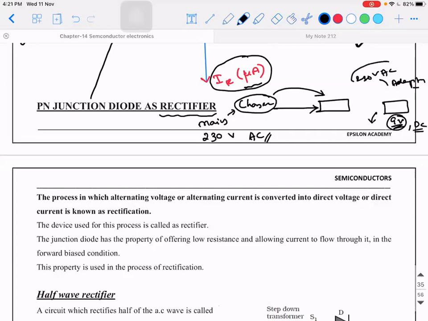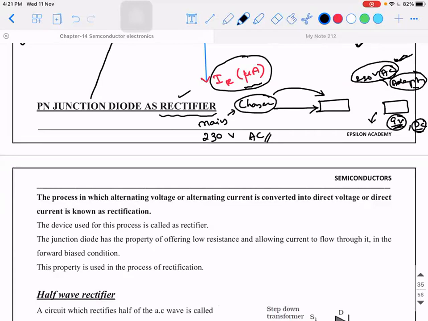But we have 230-volt AC. So what should be present inside this adapter for first converting this 230-volt AC to DC? That device is called a rectifier.